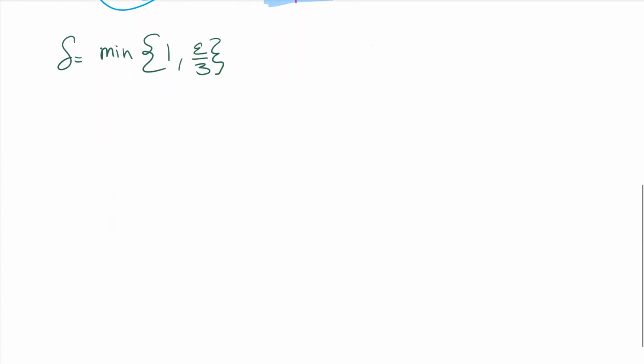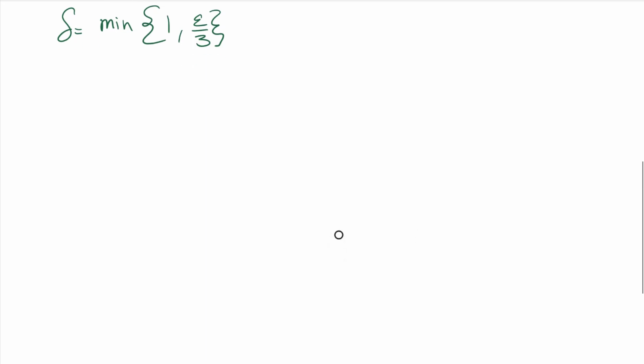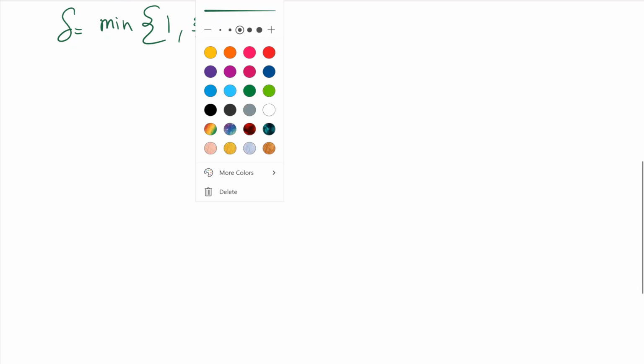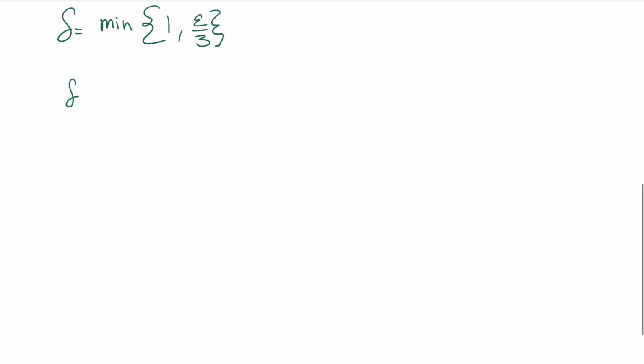Let's just look here. What does it mean for delta to equal the minimum of 1 and epsilon over 3? What this means is delta is going to be less than or equal to 1 and delta is going to be less than or equal to epsilon over 3.